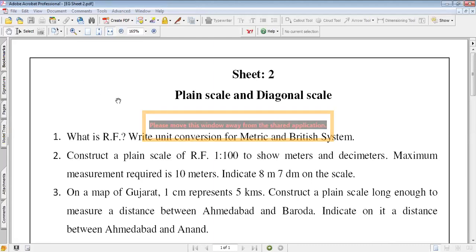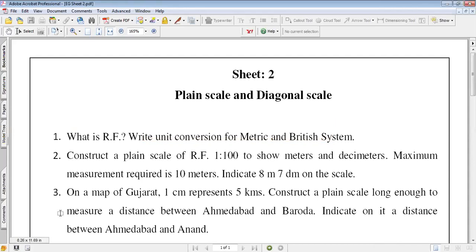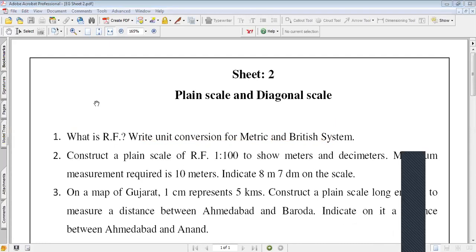Representative factor. Am I audible? Okay.